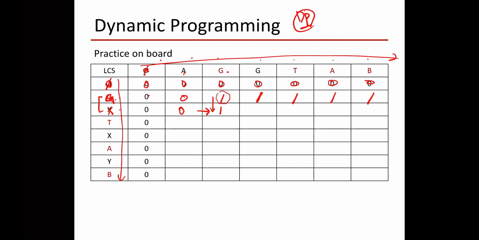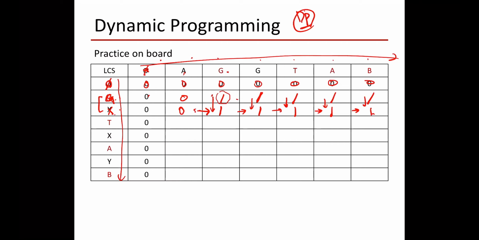So the max of these. Whichever is the bigger number, if it doesn't match, I'm choosing the bigger number. X and T doesn't match, A doesn't match, so of either of the 2, I'm choosing the bigger number.